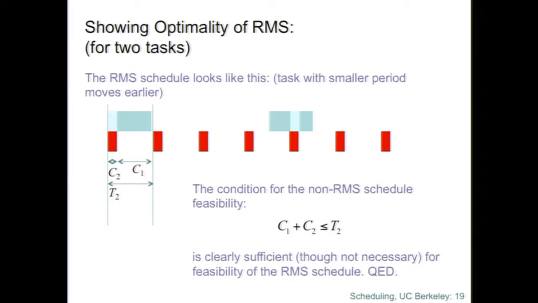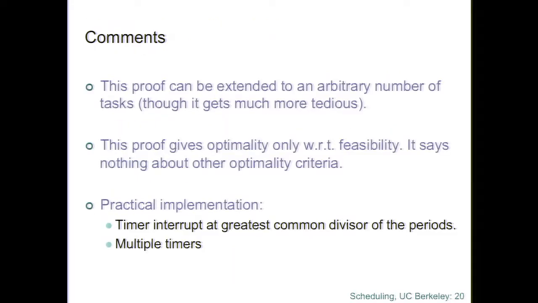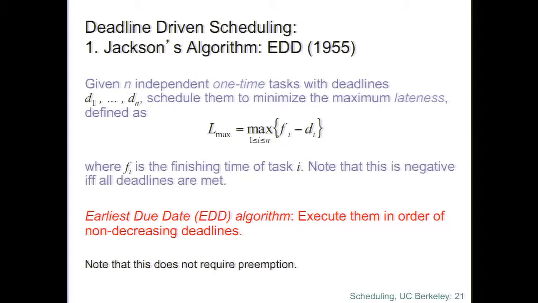All right, so this proof is pretty straightforward. You can extend this proof strategy to an arbitrary number of tasks, but it gets tedious. So let's talk about some extensions of this work. First of all, one of the things that Liu and Layland's formulation fails to take into account is deadlines.